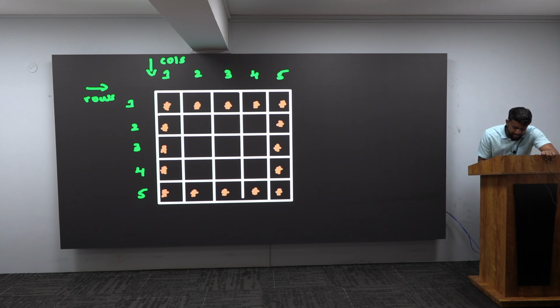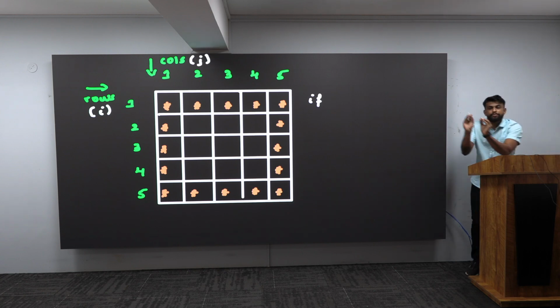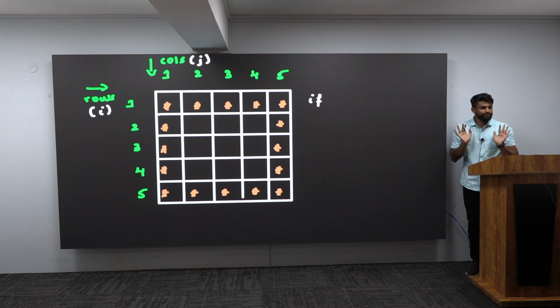How is that? If I is 1. What is 1? I is 1. Sir, what is that I, sir? See, whatever rows are there, for rows, I will appoint one person. Who is he? I. For columns, I will appoint another person. Who is he? J.